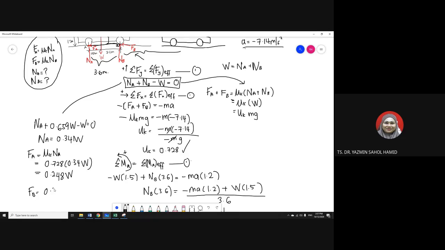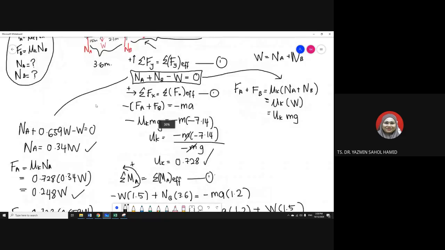Samalah. 0.728 kali FB tadi adalah 0.659 W. So FB 0.728 kali 0.659 dapat 0.479 lah. Okay. So ni jawapan dia. NA dah dapat, NB dah dapat. Okay, so dah settle lah.